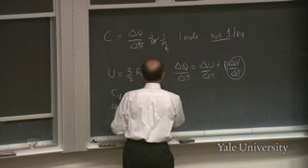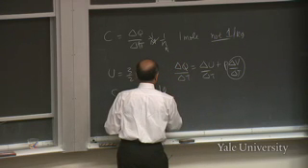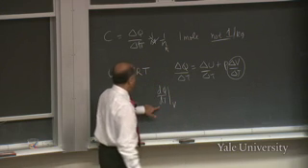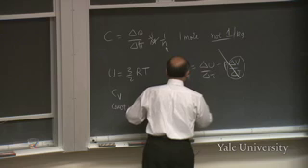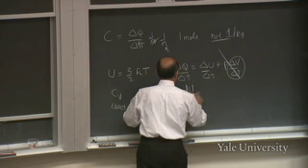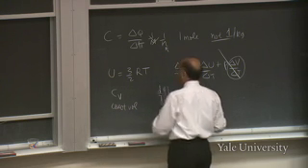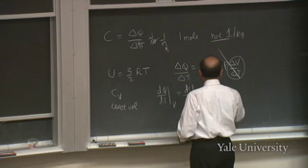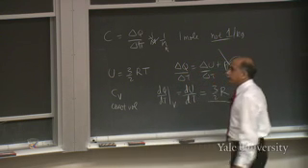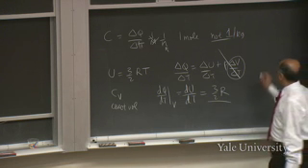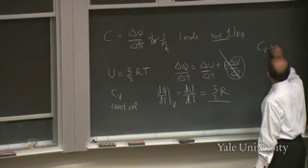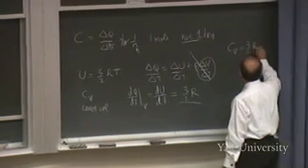In that case, delta Q over delta T at constant volume, we denote in this fashion. At constant volume, this term is gone, and it just becomes delta U over delta T. That's very easily done. Delta U over delta T is 3 over 2 R. So the specific heat of a gas at constant volume is 3 over 2 R.